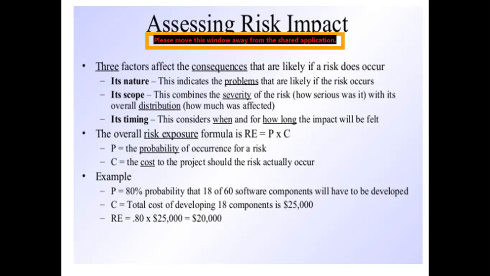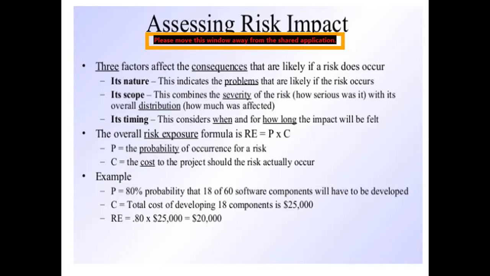So we check the severity of the risk on the scale from 1 to 10, called the risk scale. That comes under its scope, and it tells you about the seriousness of the risk. After that we calculate its timing, that is, for what time the risk is taking place. This considers when and for how long the impact will be felt.